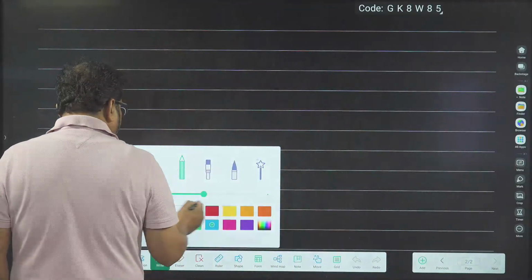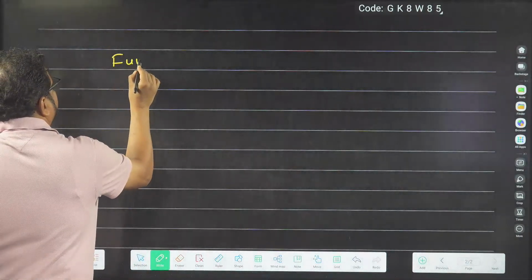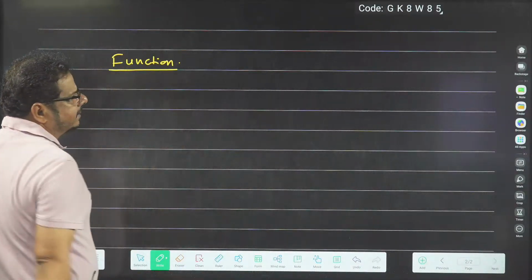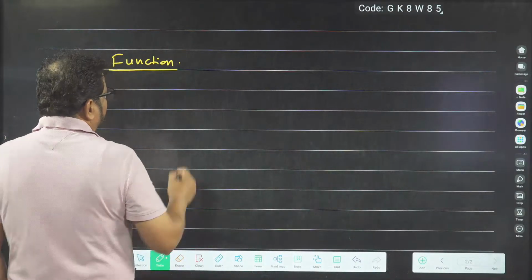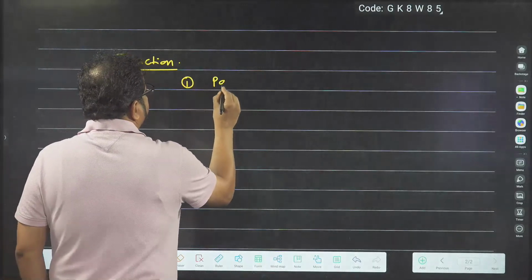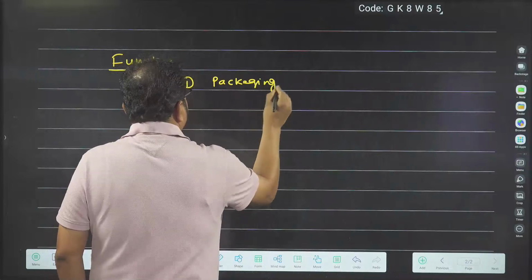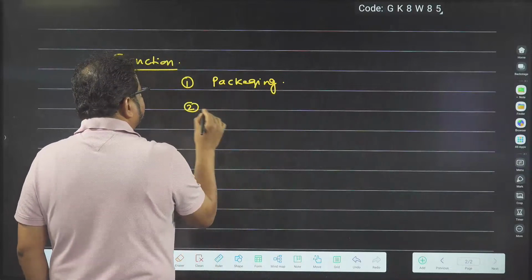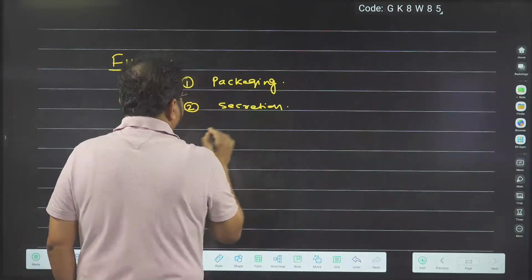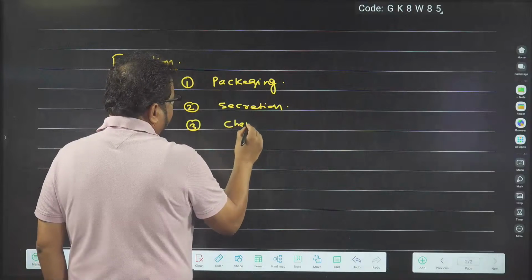Now we are going to talk about the function of Golgi complex. The structure we discussed already. Functions of the Golgi complex: the first function I am writing is packaging. The second function I am writing is secretion. The third function I am writing is chemical modification.